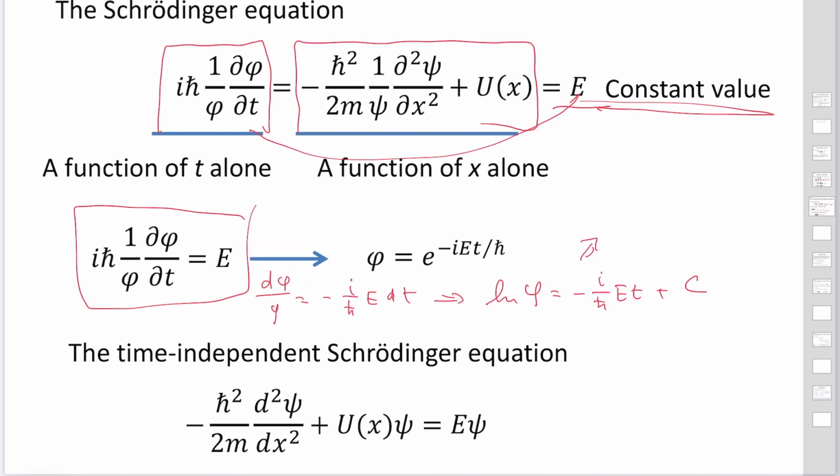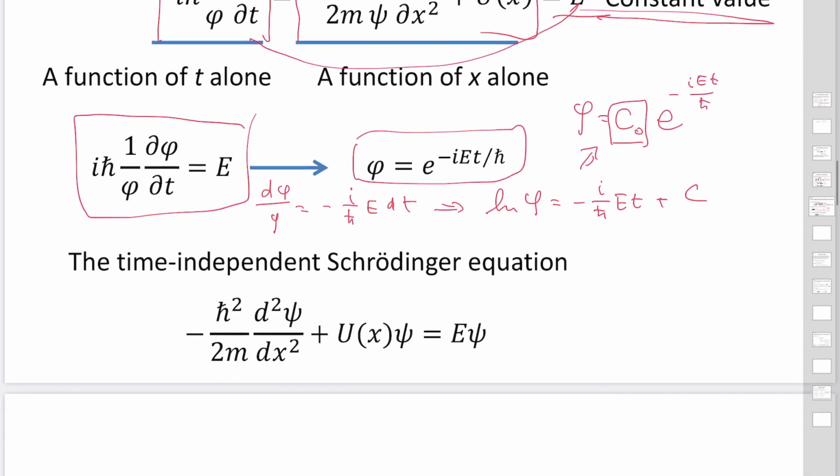So phi is some integration constant times exponential of minus i E t over h bar. We choose the integration constant to be one. We have this equation. For the other part, we have another differential equation.